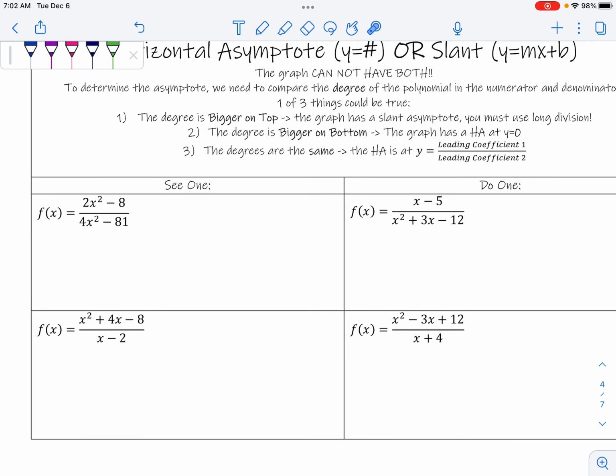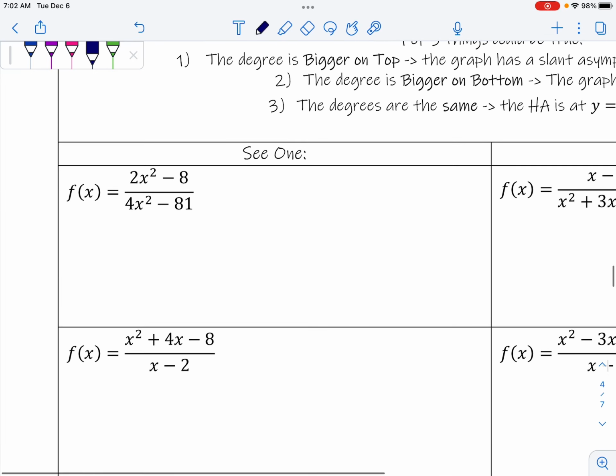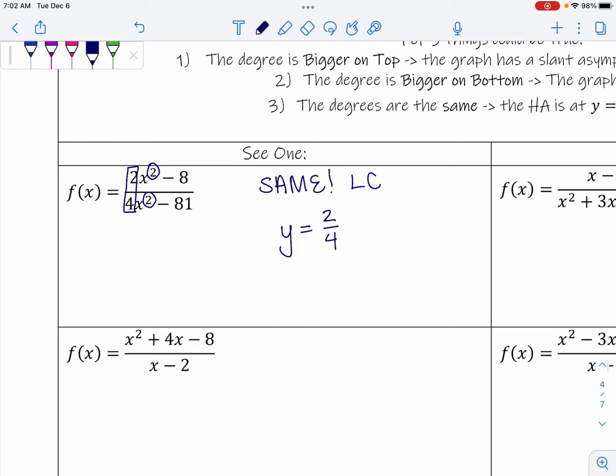So this first one here, the degree of the numerator is 2, and the degree of the denominator is 2. These are the same, so we pull the leading coefficients. Those leading coefficients are 2 and 4, so my horizontal asymptote is at 2 over 4, or 1/2.